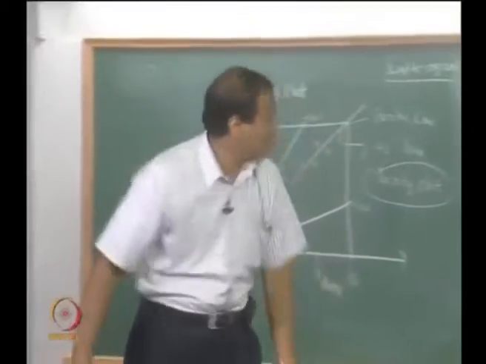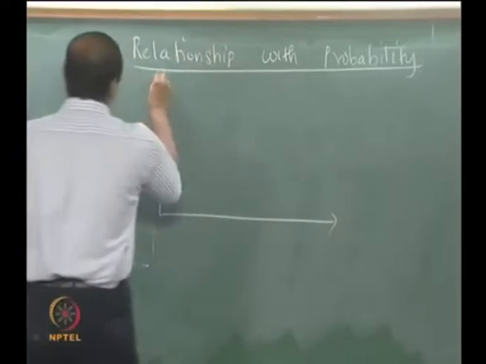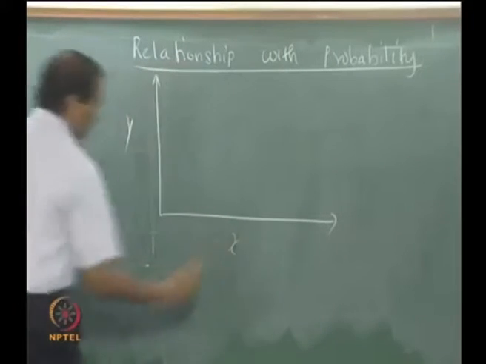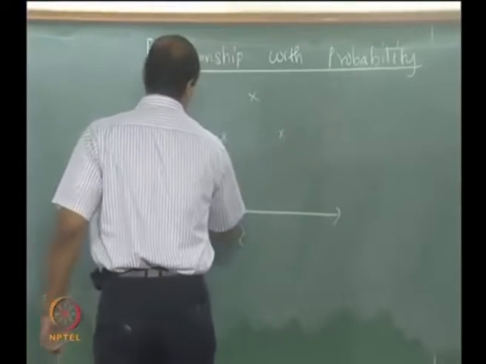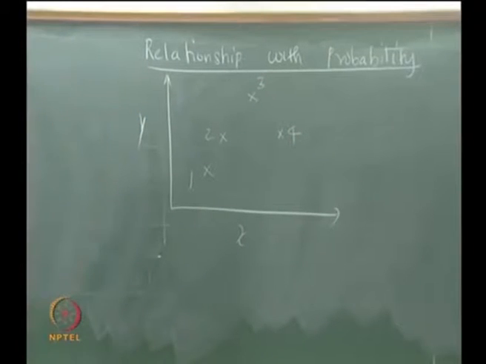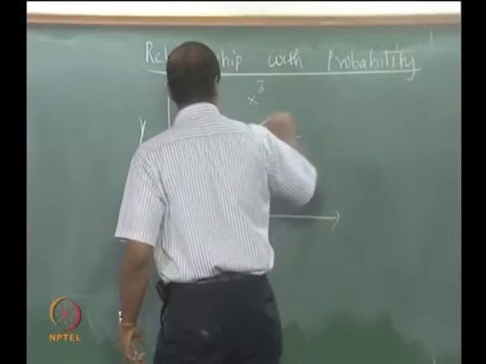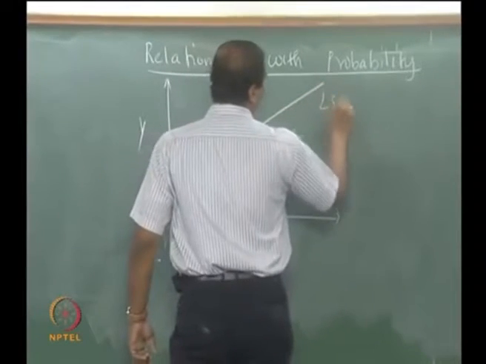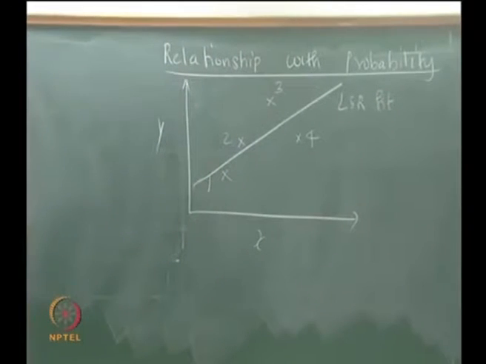Now let us talk about 4 points. We want to draw some straight line through this. So this is our least squares regression fit, for example.